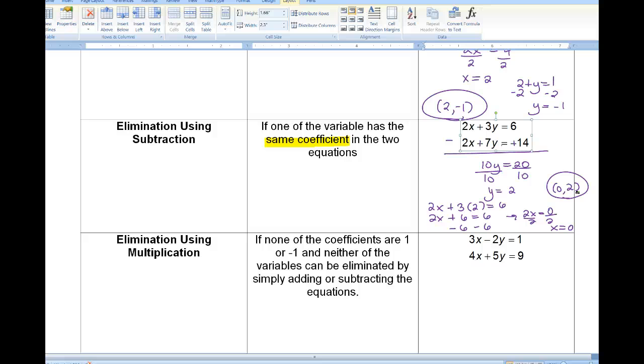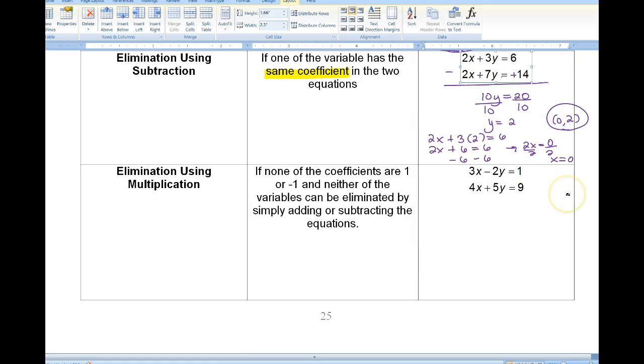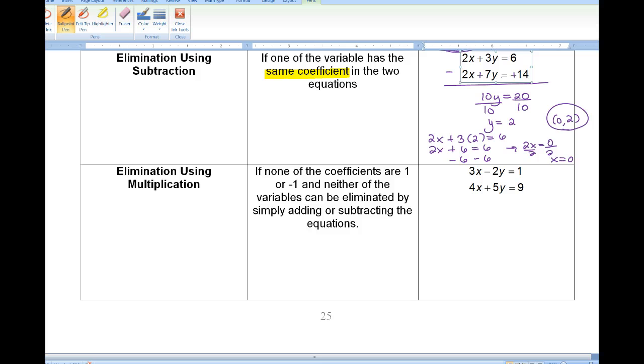All right, the last one is using multiplication. That's when none of the variables match up and neither can be eliminated. So if we have a 3x and a 4x and a negative 2y and a 5y, what should we multiply this by? We could multiply by negative 4 and 3, or we could multiply this by 5 and this by 2.